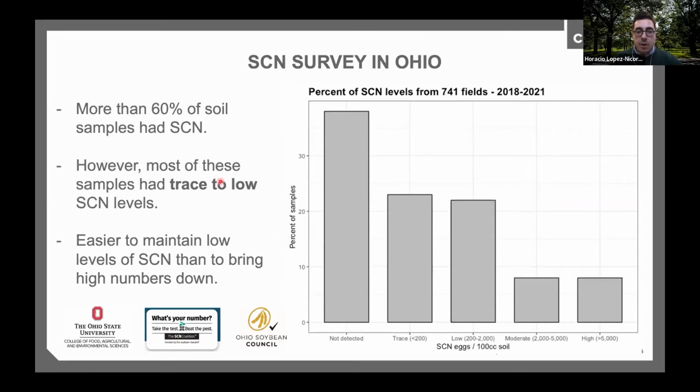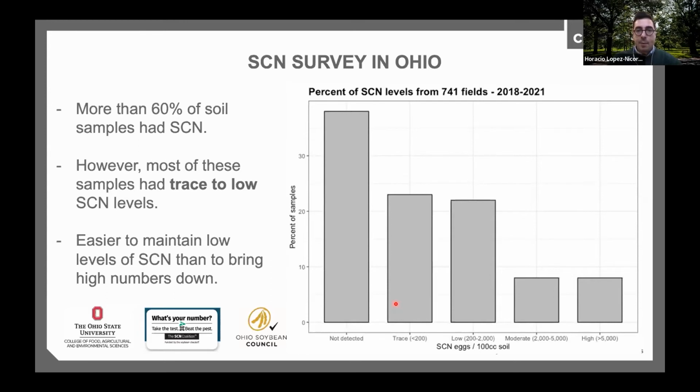And the data I'm going to show is the summary up to last year. But we're continuing this survey, and we're going to talk more about this and how you should take advantage of this survey. So we receive samples and we process them for SCN testing, and we count how many X per 100 cc of soil we can detect.